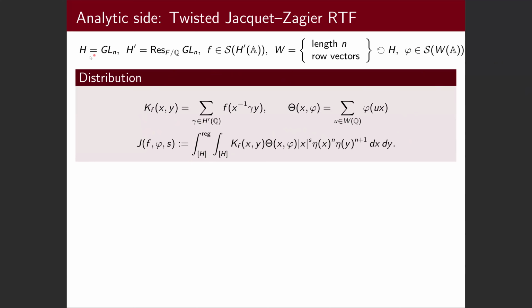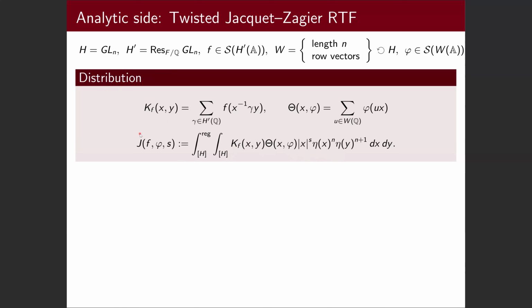It's a relative trace formula for H' and the subgroups H and H. It's given by an integral of this kernel function K_f against a theta function with some additional weight. Here eta is the quadratic character for this quadratic field, and the norm of x here means the determinant, so we raise the determinant to the s.